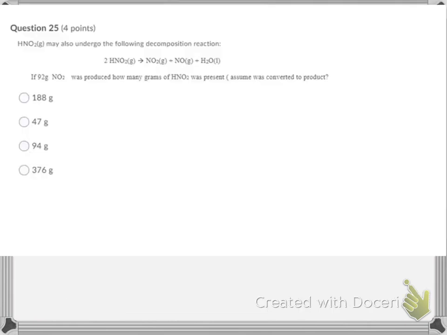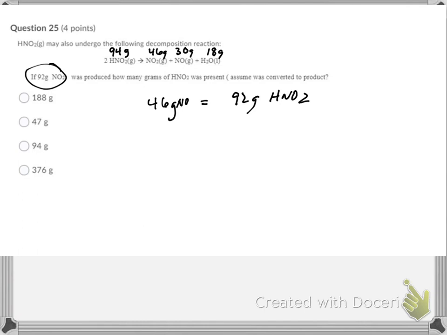If 92 grams of NO2 was produced, how many grams of HNO2 must have been present? All right. Okay, so we can just set up the ratio method quickly. 46 grams of NO2 make 94 grams, or have come from 94 grams of HNO2.